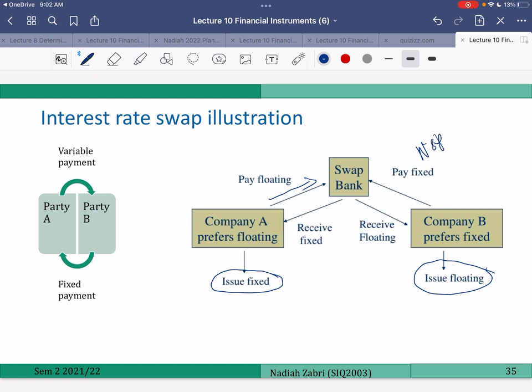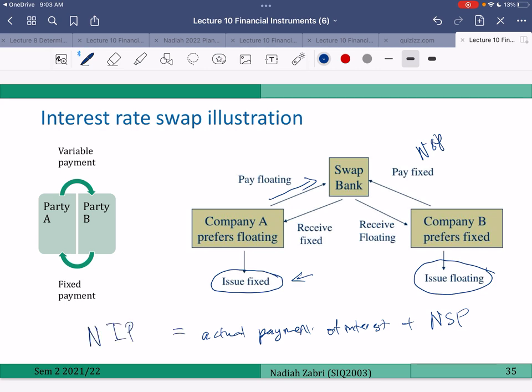So the actual cash flow is the actual payment of interest plus the net swap payment to the swap bank. The combination of these two is the net interest payment.